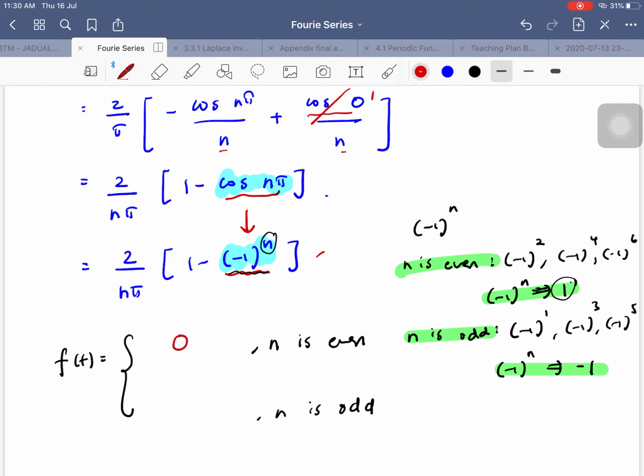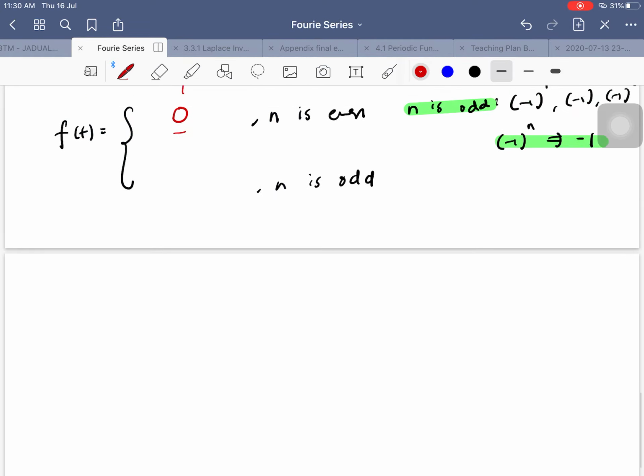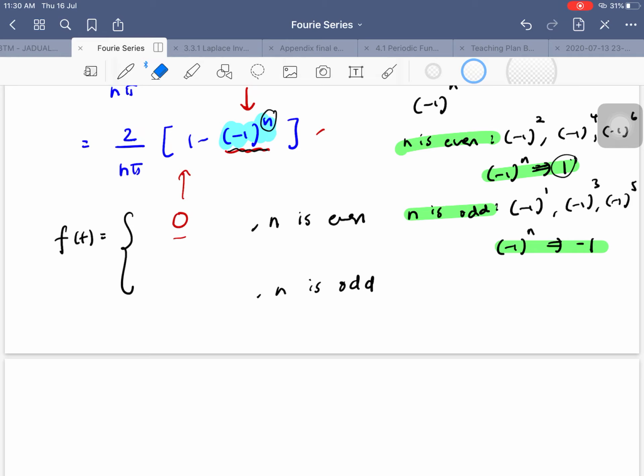So when n is even, this function at the top right here is going to be 0. But when n is odd, let me write that in full for the first one so that you can get the idea. When I do it next time, I'll skip it.